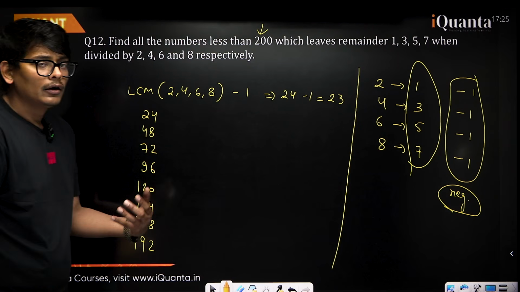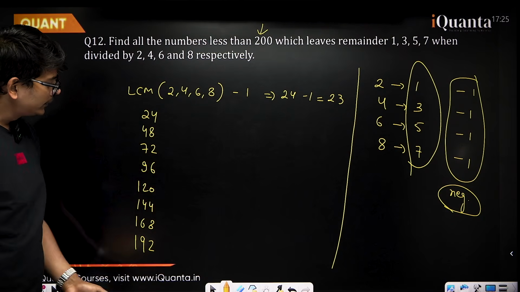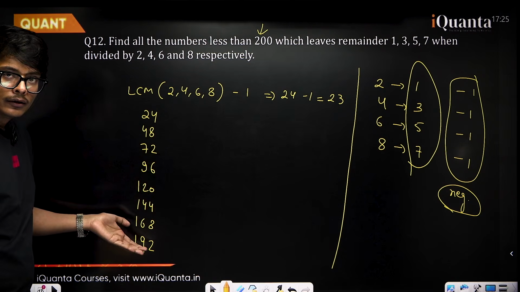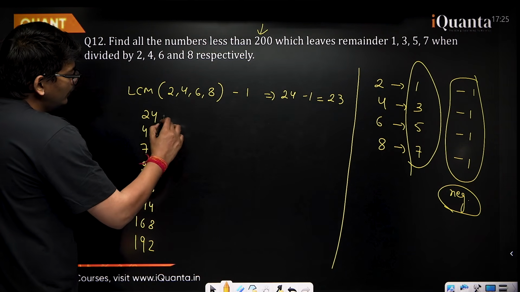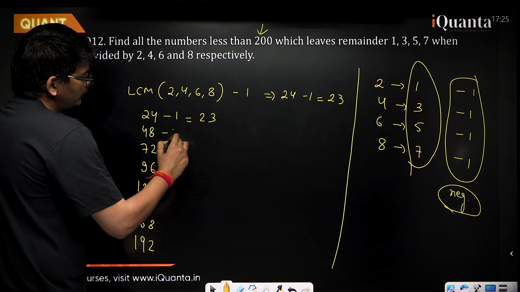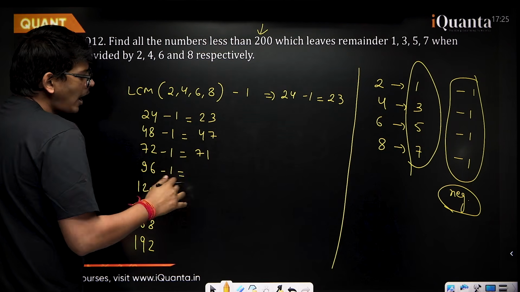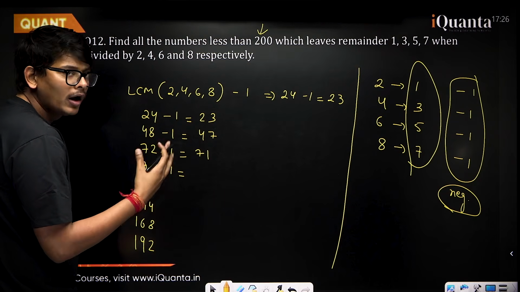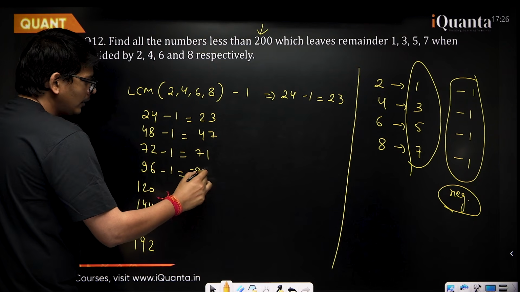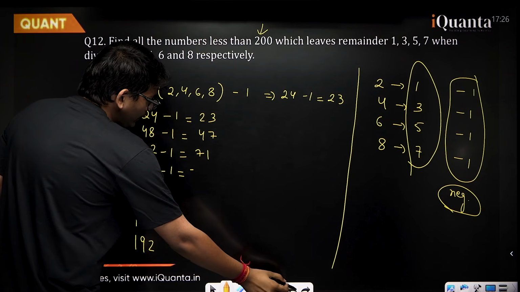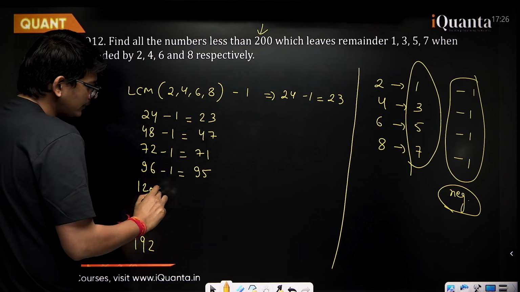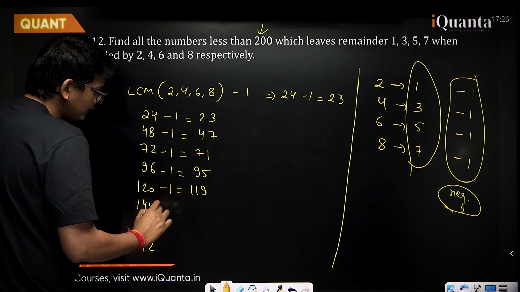After that, the multiples will be more than 200. So there are 8 multiples, minus 1. So in the exam, the question will be how many such numbers are possible. So the answer will be 8. But as of now, to make you understand the concept, I am discussing everything in detail.